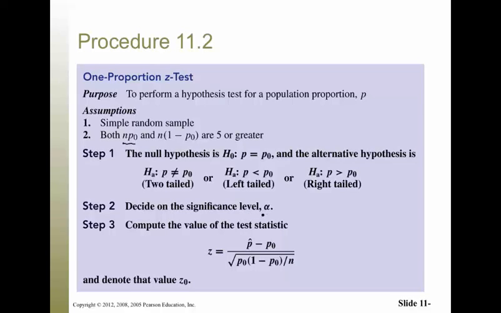All right, then we have a significance level, and then we have our test statistic, which is the same as before. Remember, before it was x bar minus our null hypothesis value for the population mean, all over the standard deviation.